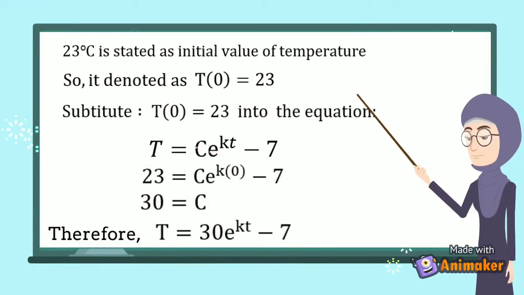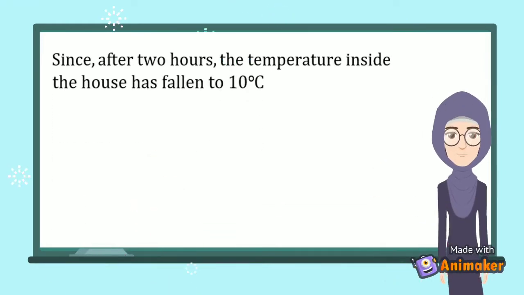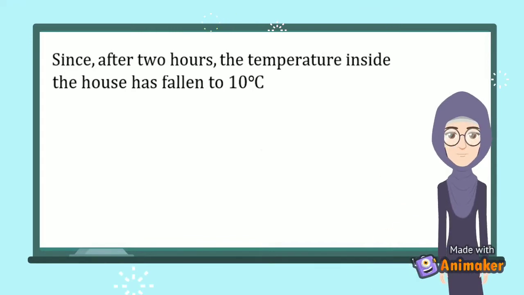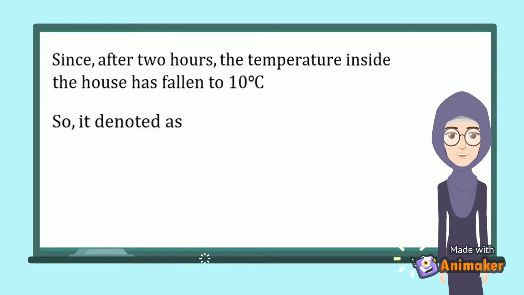So now, the new equation we have is T equal to 30 times e to the power of kt, minus 7. The question also states that after 2 hours, the temperature inside the house has fallen to 10 degrees Celsius. So this can be denoted as T of 2 is equal to 10.